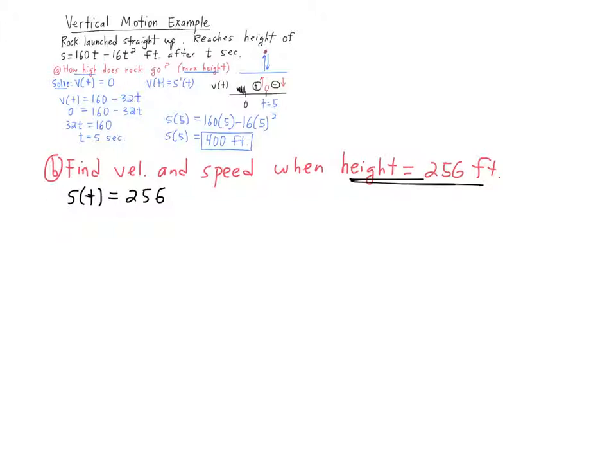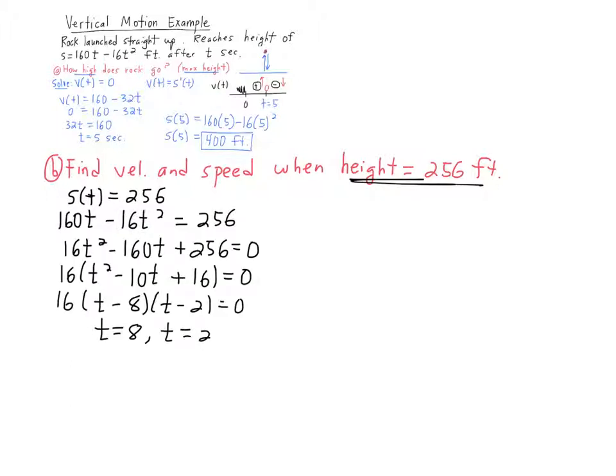Make your substitution and then solve for t. When we do the algebra, getting everything over to one side so it's equal to 0, we can pull out a 16 and factor this quite nicely. We end up getting t equals 8 and t equals 2.